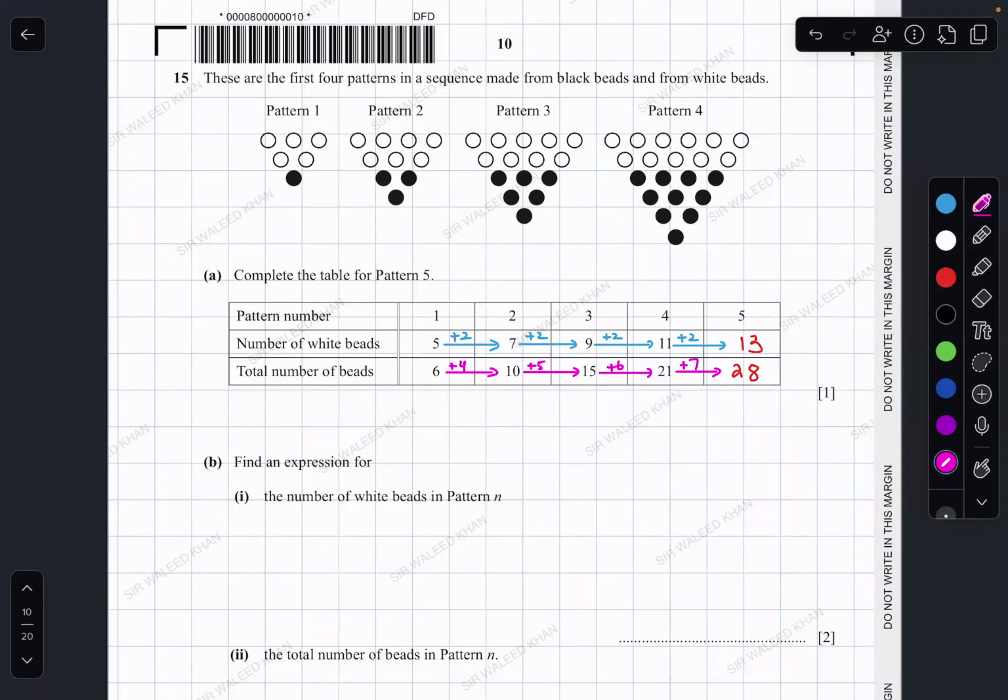Now identify these numbers. What kind of a sequence are we dealing with over here? Can somebody? Whenever there is a difference of just one extra number, you are always dealing with anyone? No? Triangular numbers.